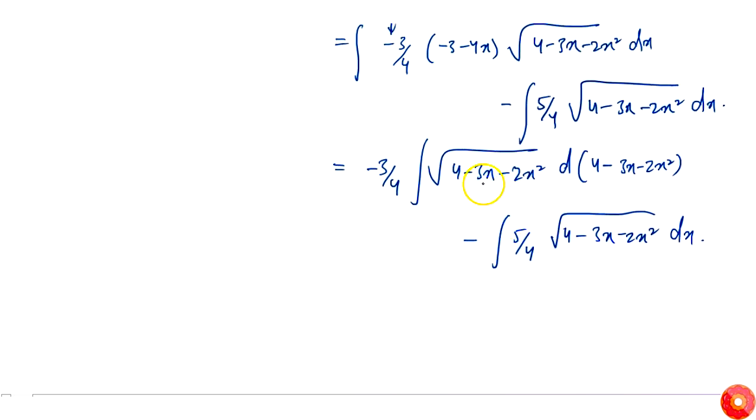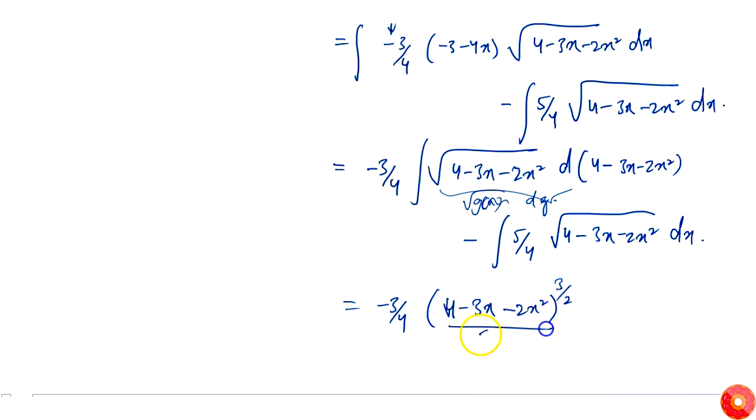So this above part is simply square root of g of x into dg. So square root of g into dg, integral will be simply minus 3 by 4 into g power 3 by 2, that is 4 minus 3x minus 2x square whole power 3 by 2, divided by 3 by 2.